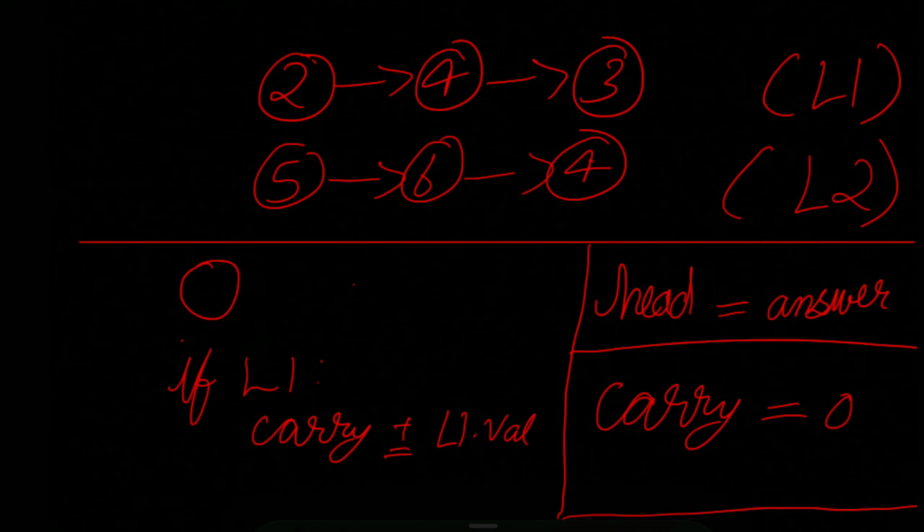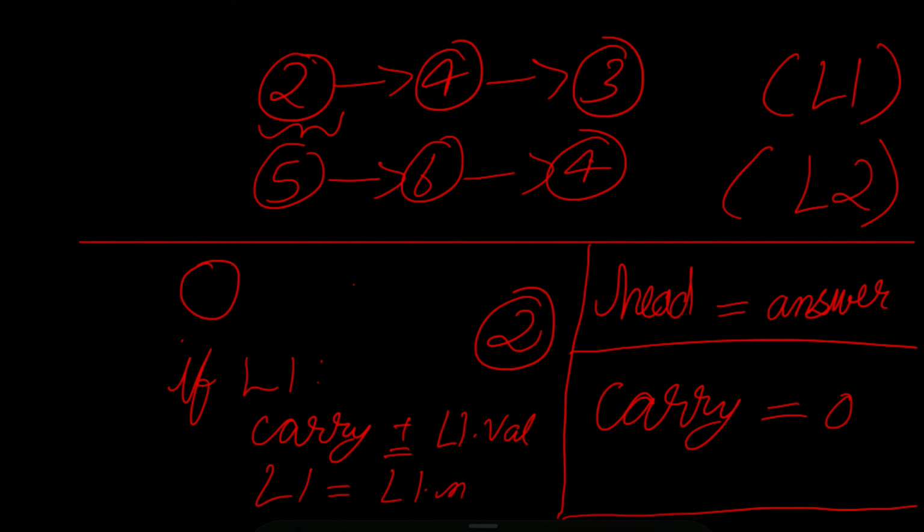When the program begins, L1.val will always be equal to the first node of the linked list, right? So in this case, L1.val will be 2. So carry plus equals L1.val basically means 0 plus 2, that is 2. So now the value of carry is 2. Then we'll do L1 equals L1.next. Why do we do this?